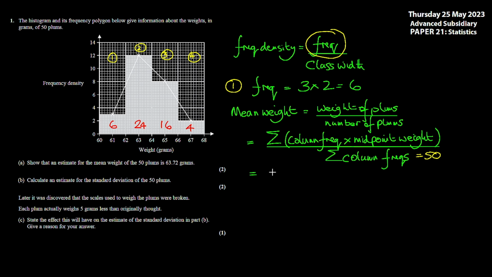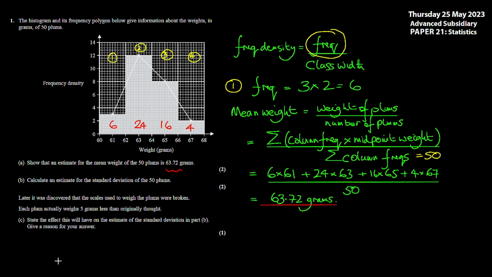So this is equal to 6 times 61 plus 24 times 63, and so on. And if you put that into a calculator, you get 63.72 grams, which is the answer they wanted.